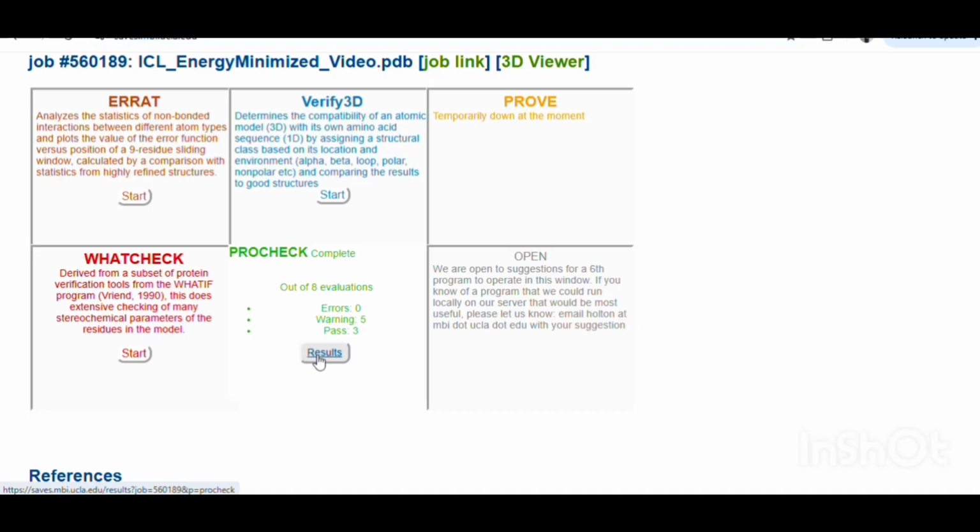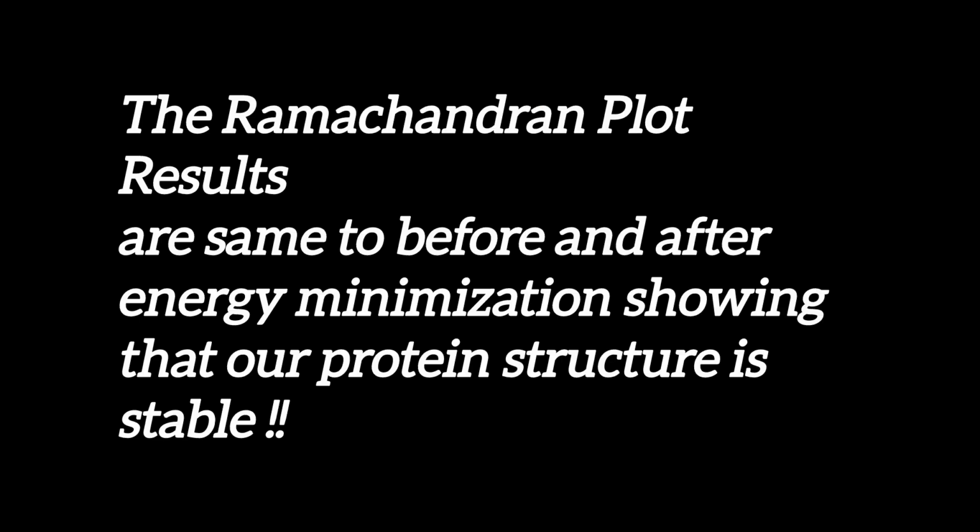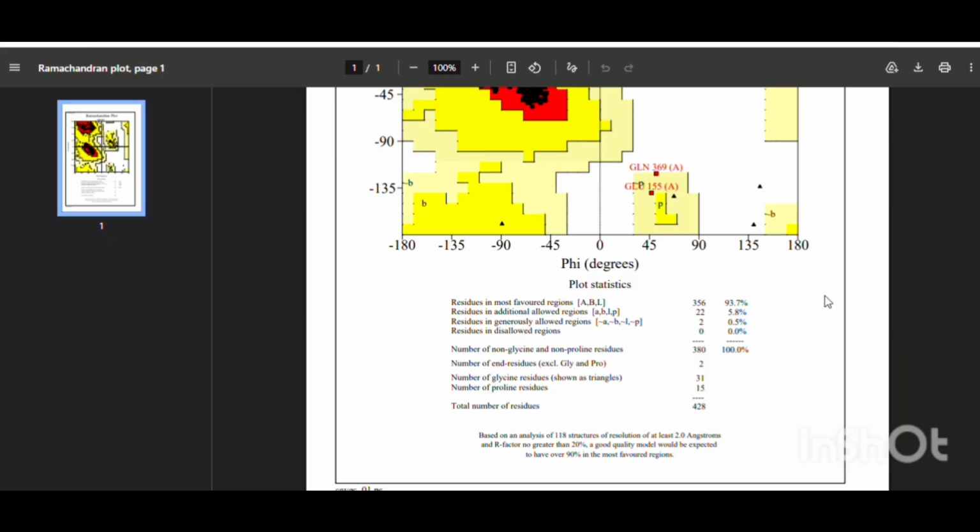Now we will view the results for this Ramachandran plot. The results are loading, and after the results are loaded, I will show you. So it means that our structure is completely stable, and now it is ready for docking.